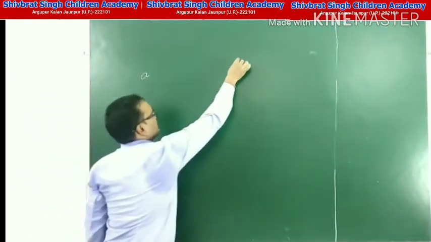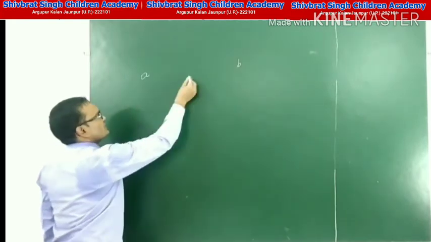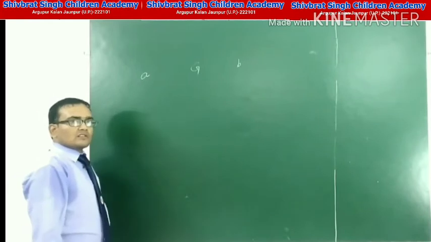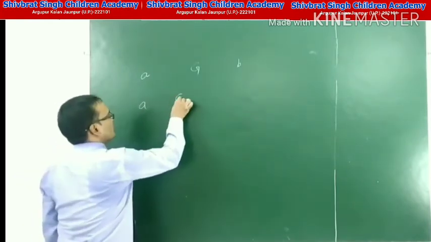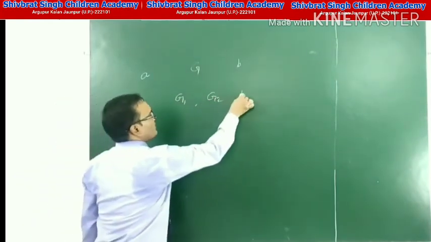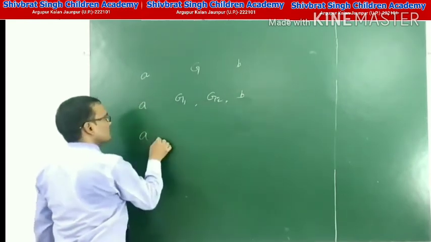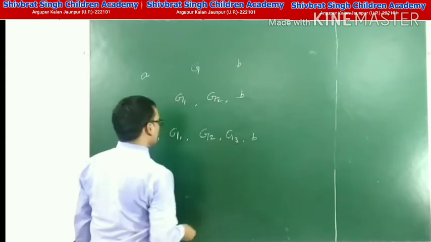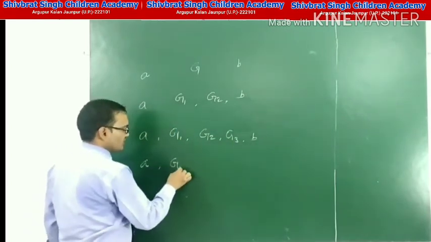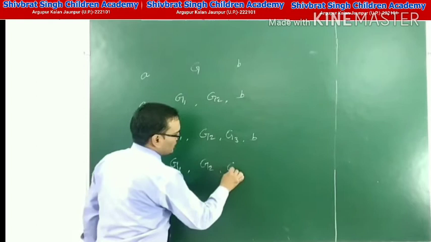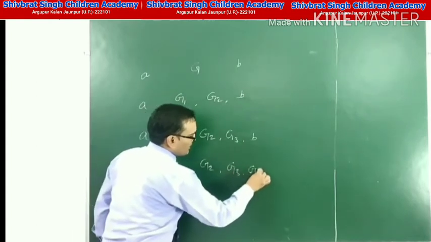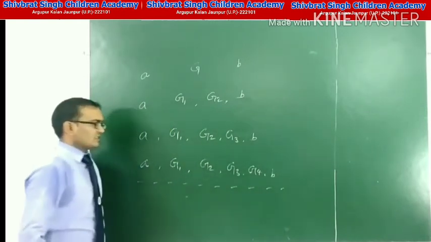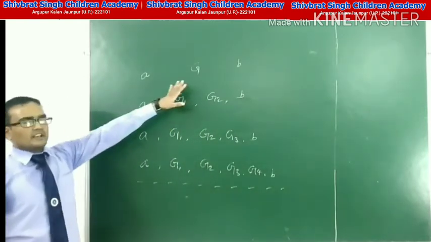We can insert one geometric mean, two, three, or four geometric means between a and b, as you like.